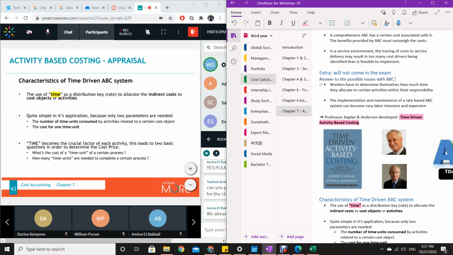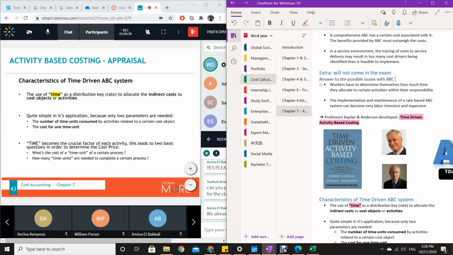They will always use in this method the time as a distribution key, as the reallocation of the indirect cost. We speak again about indirect cost. So we can see here that it's always the number of time units consumed by an activity. And so these are the two parameters you get to know.